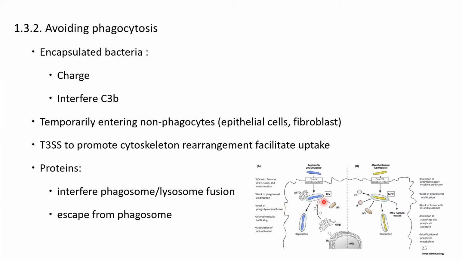Normally they get into our phagosome here. Lysosome should fuse with this phagosome, but they evade or block the fusion and stay and replicate inside the phagosome like this. And they may escape from the phagosome by producing some enzyme, so bacteria can get out of the phagosome and stay in the cytoplasm of our host cells.